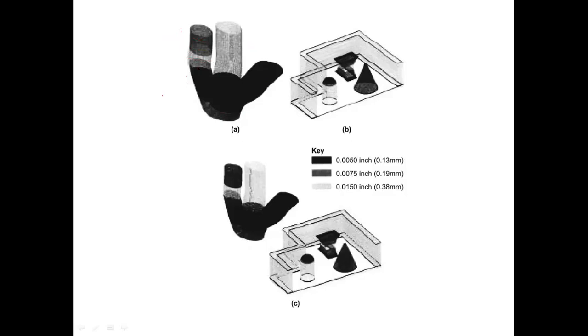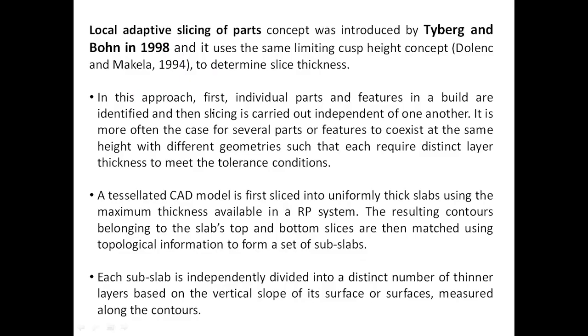So initially they took all the regions as a single region and divided the whole body into uniform parts. All the individual parts were identified, the features in the build were identified, and slicing was carried out independent of one another.